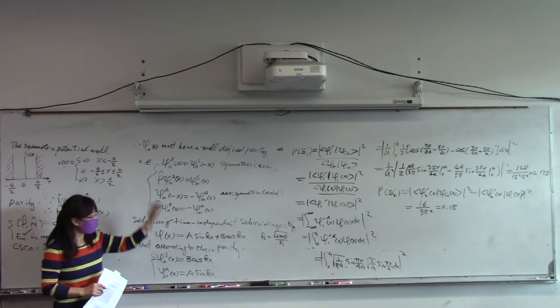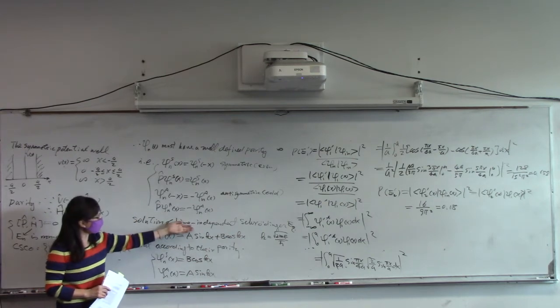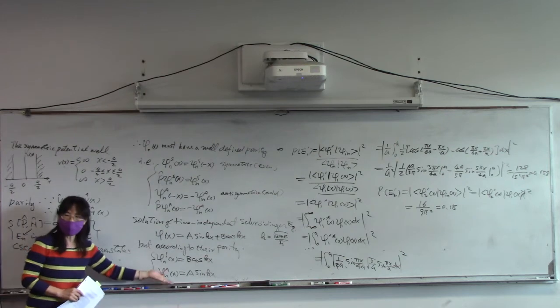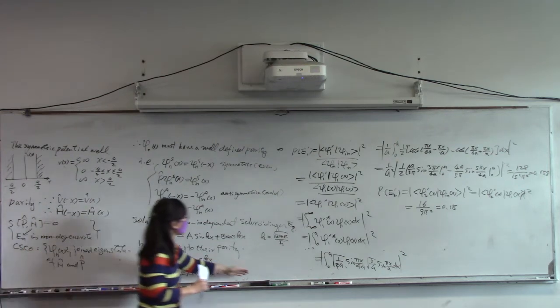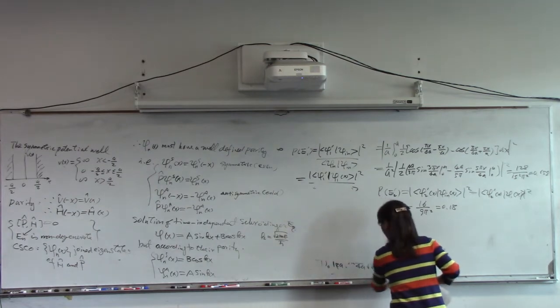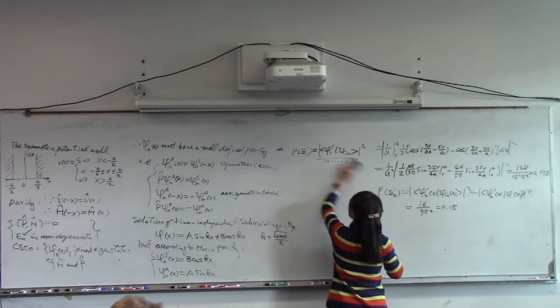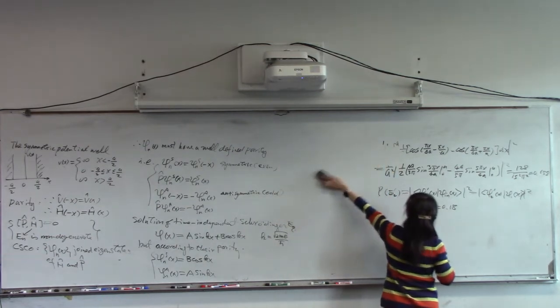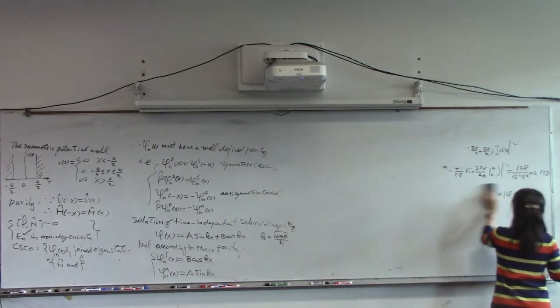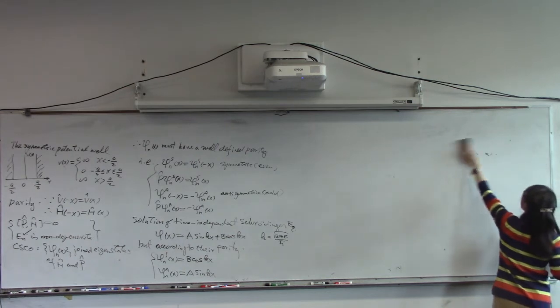That is, we first solve the equation, then we have a mathematical solution, but then we use the physics to select the physically acceptable wave function. This is different from the previous case, where the potential is not symmetric, so we do not have a parity on the wave function.